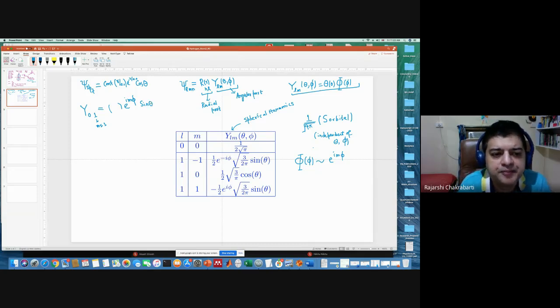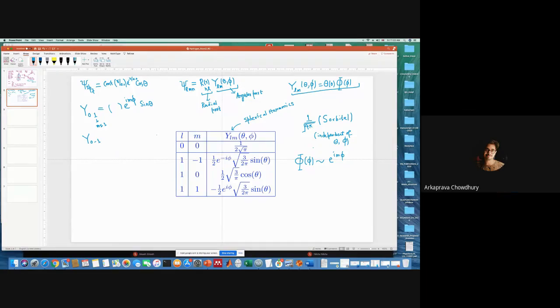Okay, is this clear? If somebody says yes, it's not very difficult. What about Y 0 minus 1? Can anyone tell me? Sir, it would not be 0, 1 or 0 minus 1, it would be 1, 1 or 1 minus 1.